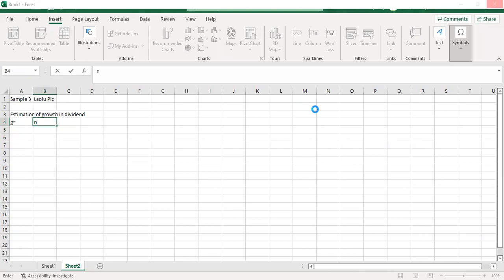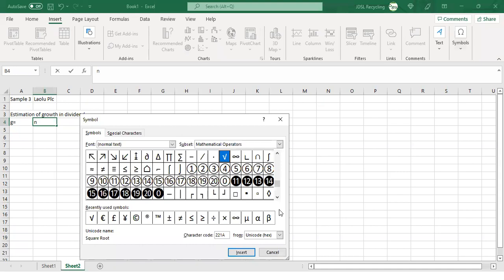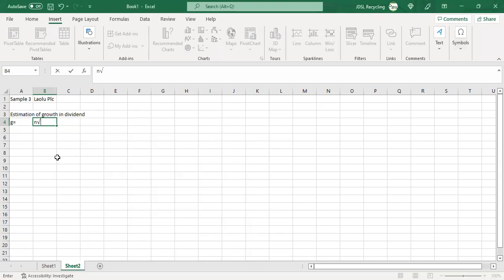Please, I need every one of us to open our calculator so that we get this formula straightforwardly. LD, latest dividend, divided by BD, minus 1. This is the formula.